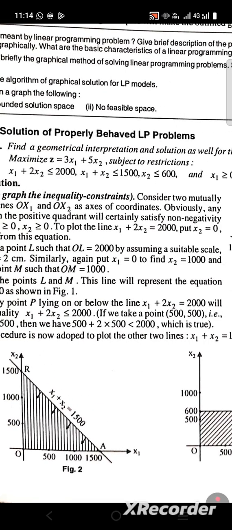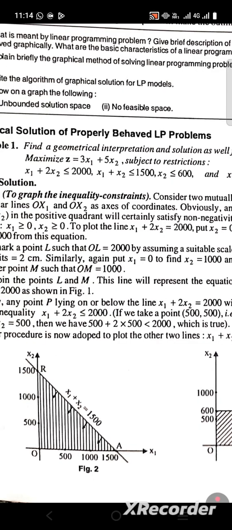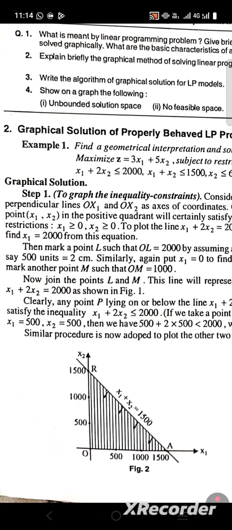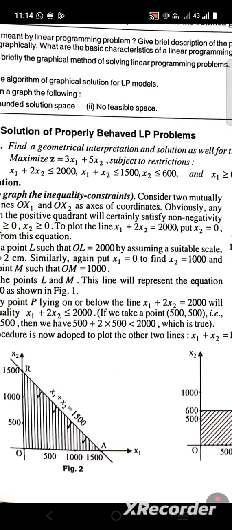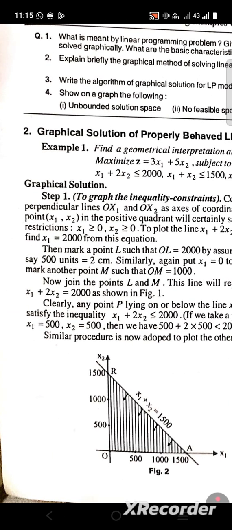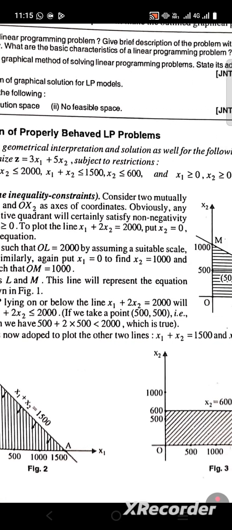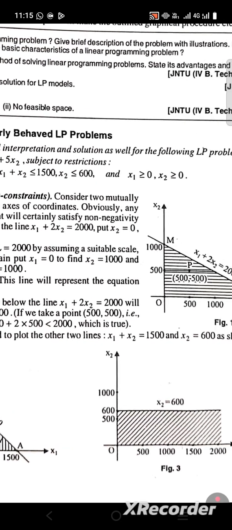Here we put x2 equal to 0, then 2 into x2 is 0, and x1 equals 2000 from the equation.